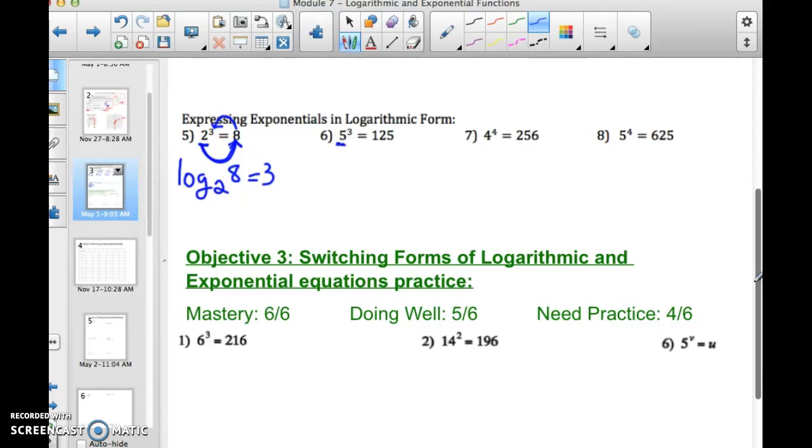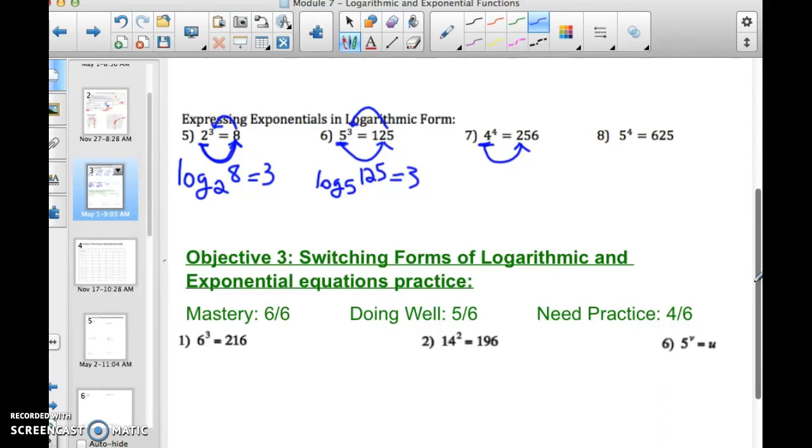Alright, so number 6, I underline the base, so I'm going to put log base 5. 5, I draw the arrow to the output. So log base 5 of 125. So how many 5's do I need to multiply together to get 125? Well, I put equals and draw to that power. I need 3 5's. 5 times 5 times 5 is 125. Let's finish this off. I'll draw my arrows.